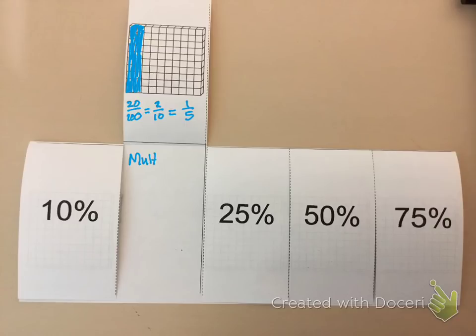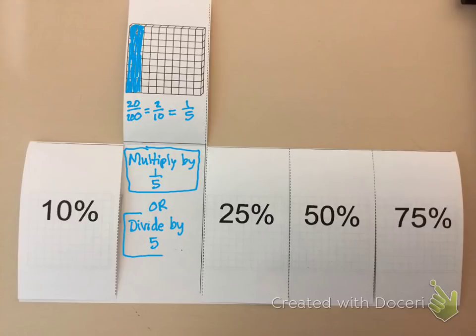I can take a number and multiply it by 1/5, and that will tell me what 20% of your given number is. The other option is to do the inverse: I could divide by the reciprocal of 1/5, which is 5, and that would tell me what 20% would be. Okay? Pretty straightforward.